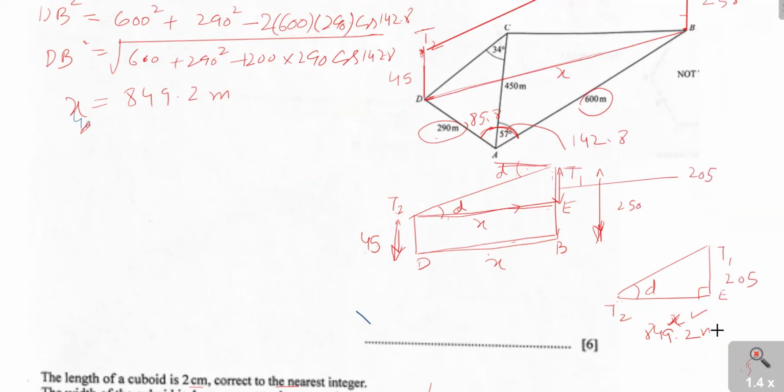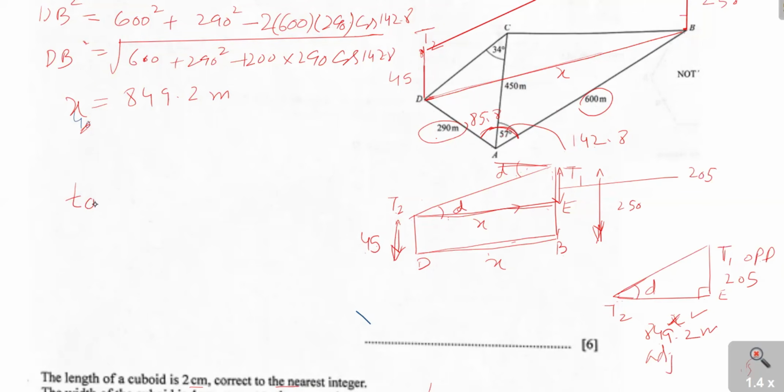This length is 849.2 meter, and the T1E length is 205, and we can calculate this angle D by using trigonometric ratio. This is the opposite side of this angle. This is the adjacent side of the angle, and we take this ratio opposite over adjacent.